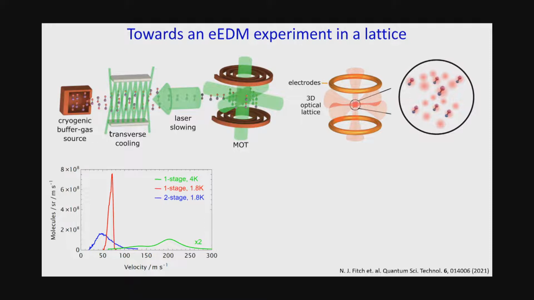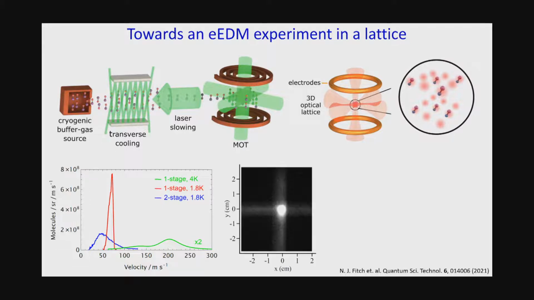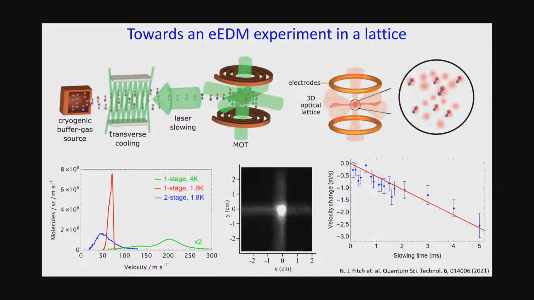This is really just using better cryogenics and a more sophisticated design of the cryogenic buffer gas cell. The transverse cooling you've seen already, and here are some very preliminary results showing the deceleration of the molecules using the laser slowing light. So far just a little bit of laser slowing, but we think we're on the path to getting molecules into the MOT.